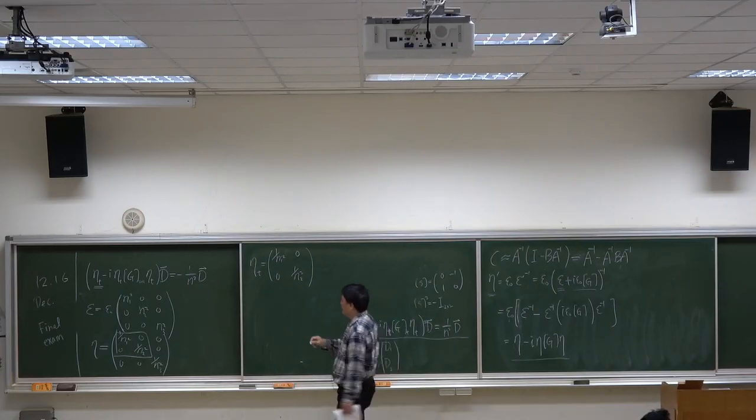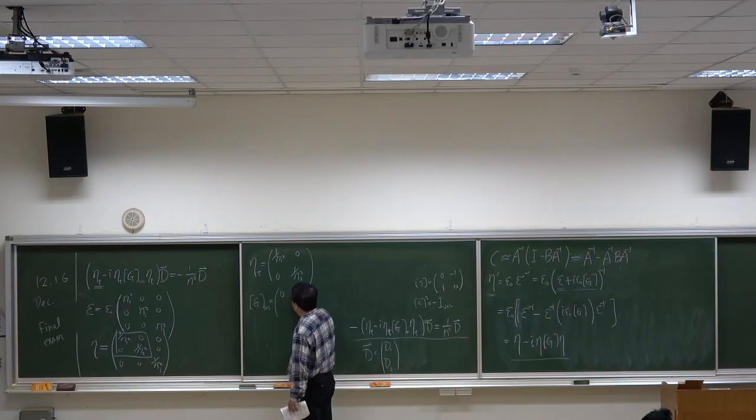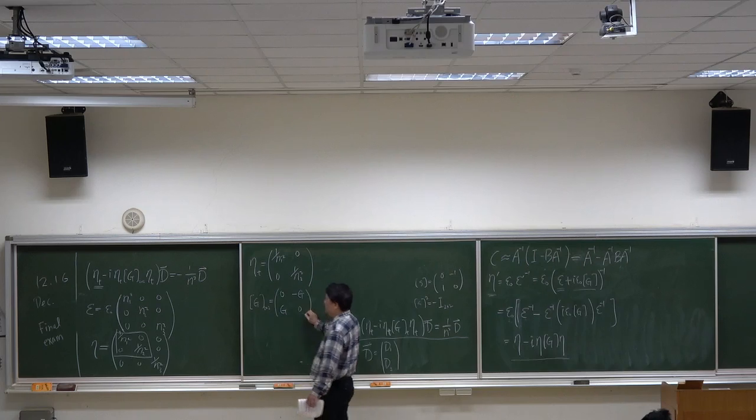And now g, the 2 by 2 g, is nothing but this: 0, minus g, g, 0. Okay?